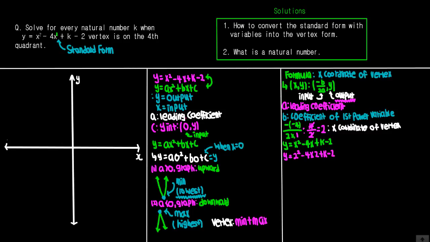Simplifying, it becomes 4 minus 8 plus k minus 2, which gives k minus 6. So the y value, the output of our function at the vertex, is k minus 6.